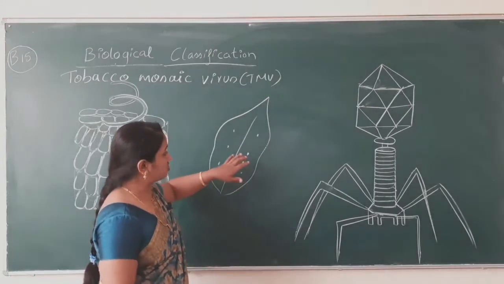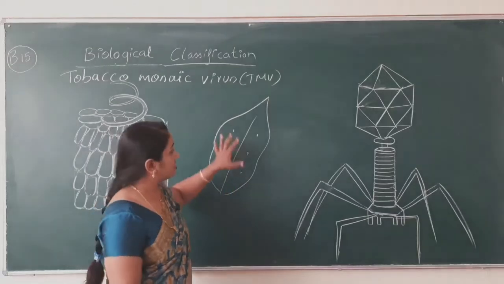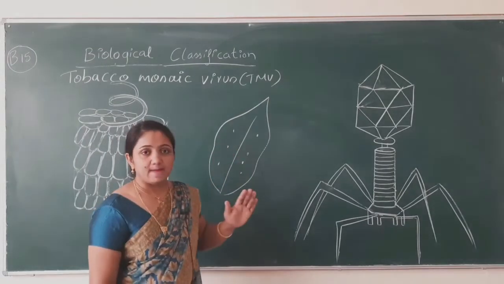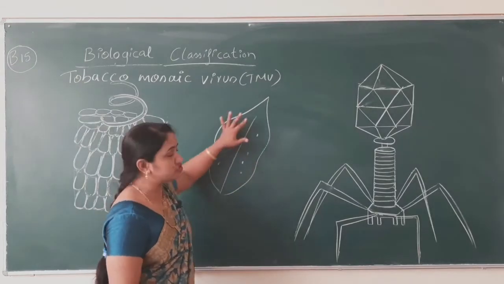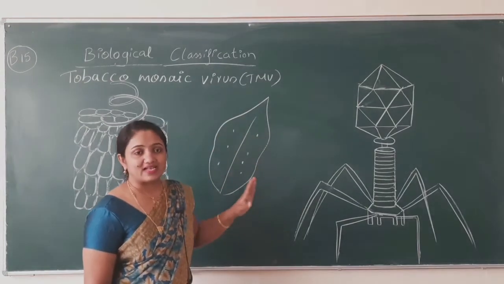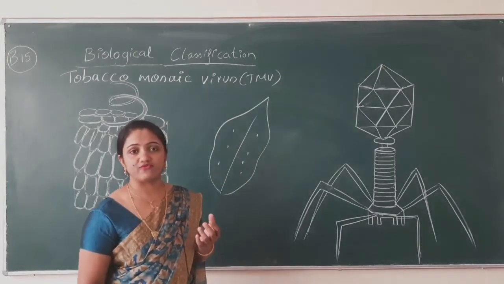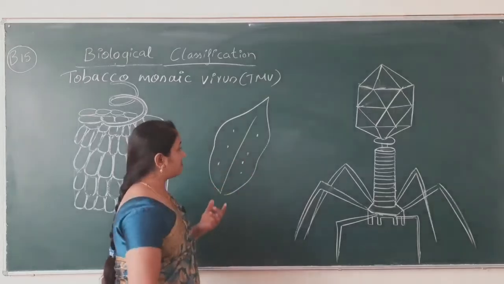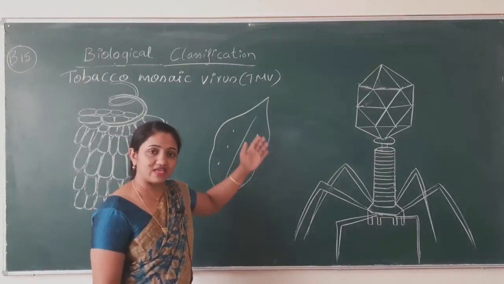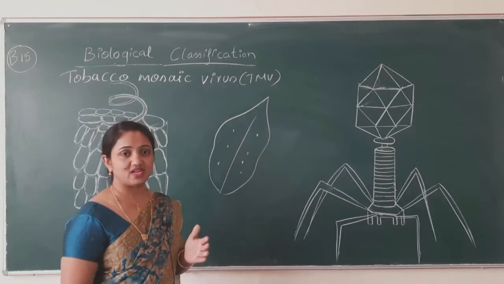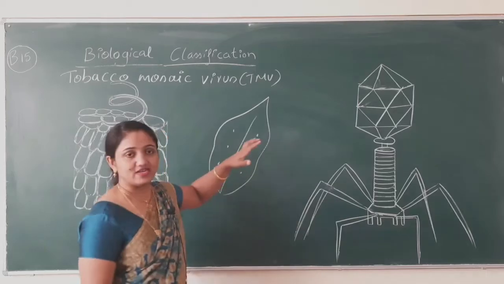Primarily we saw only some mosaic-like patches on the leaf when the leaf was in the preliminary stage, in the leaflet. When it matures, it fails to produce chlorophyll. When the chlorophyll is not there, it cannot synthesize food material, and it cannot spread its color into green.